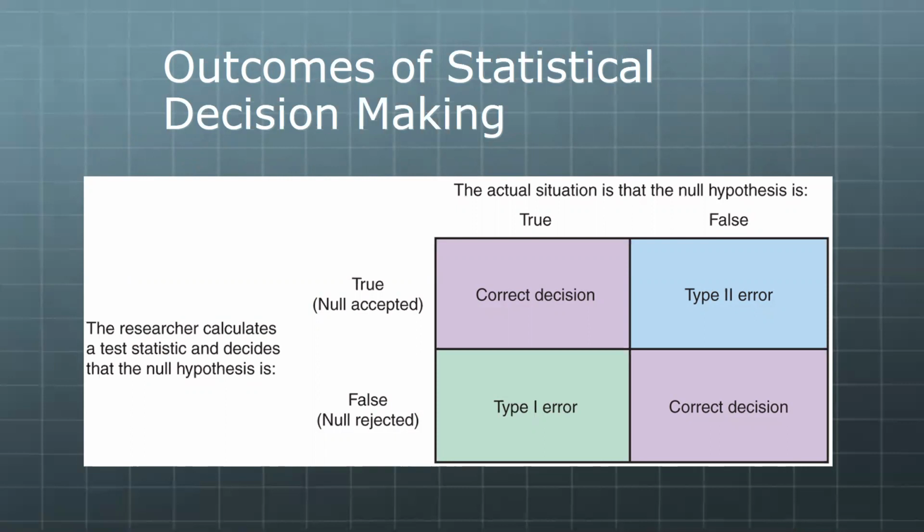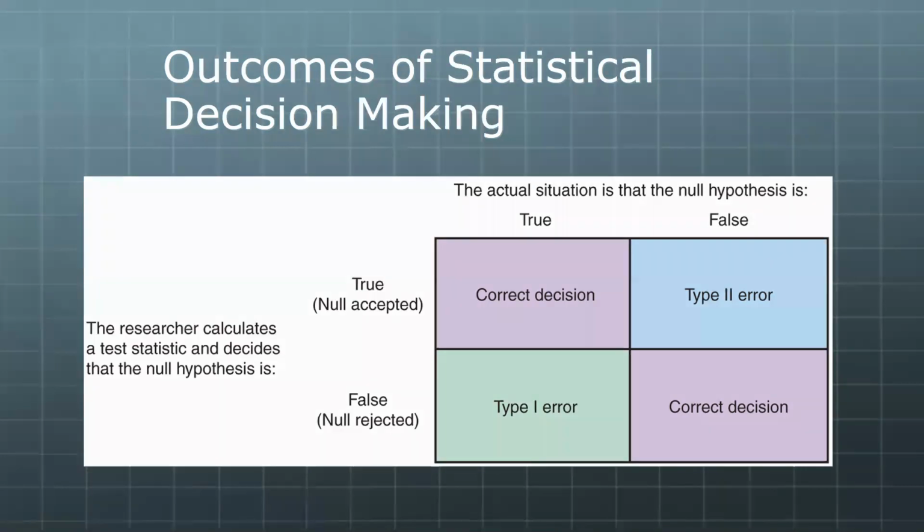So let's look at the outcomes of statistical decision making. You will see there's type 1 and type 2 errors. This is something you need to understand, the kinds of problems that come up. If we accept the null hypothesis, which is true, and the actual situation is the null hypothesis is true, then that's a correct decision.